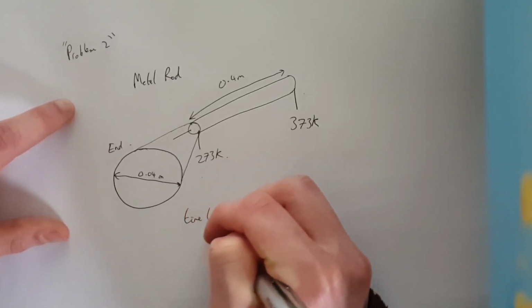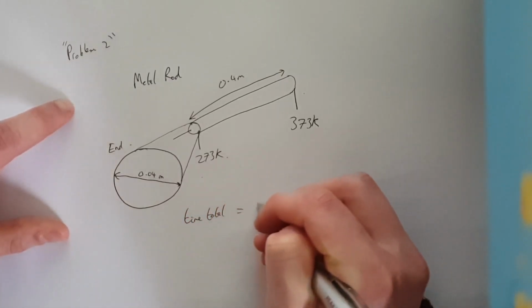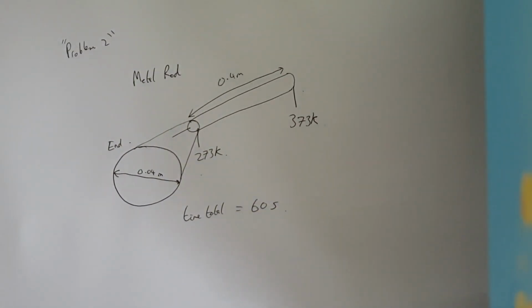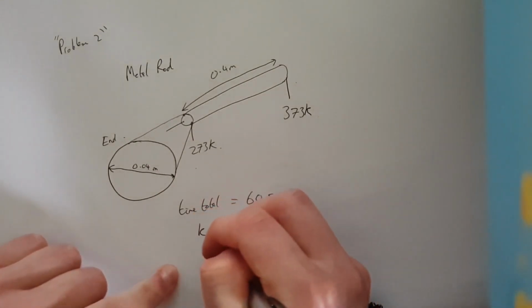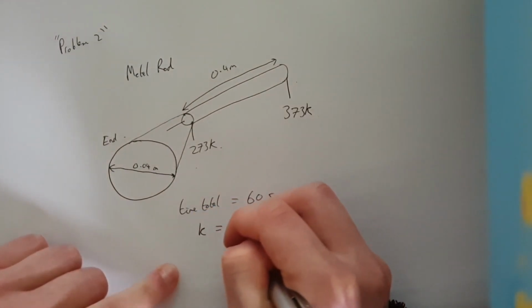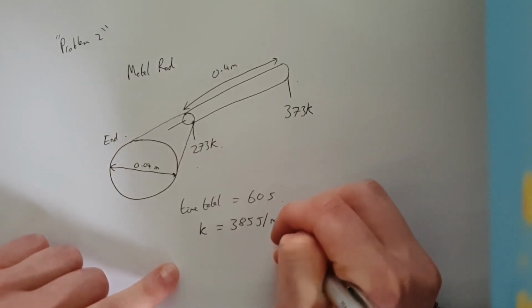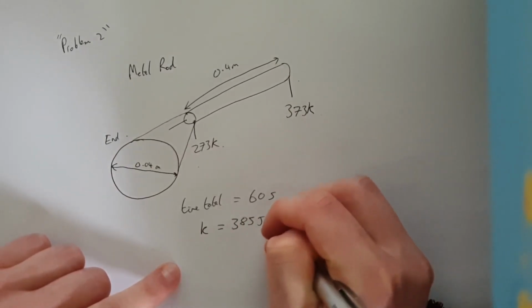so we know that time total is equal to 60 seconds. Always do things in seconds if you can. K, the thermal conductivity, is equal to 385 joules per meter second per degree.